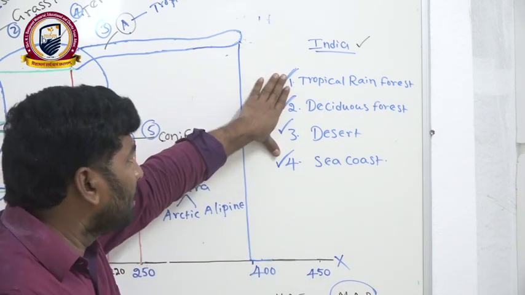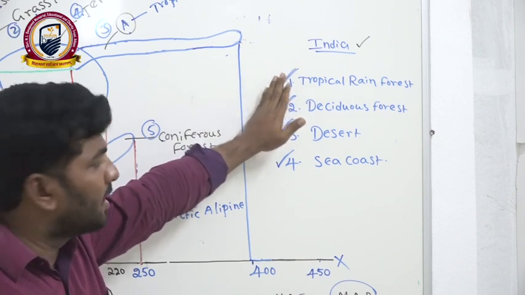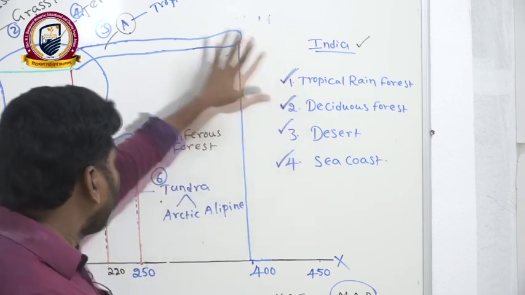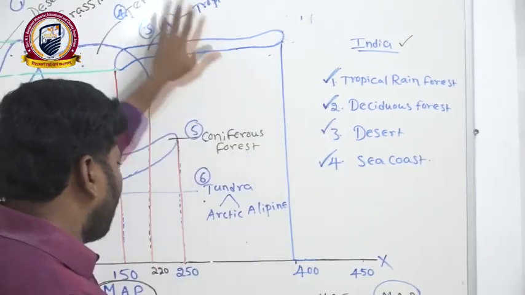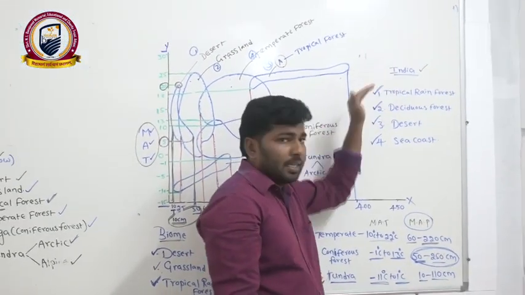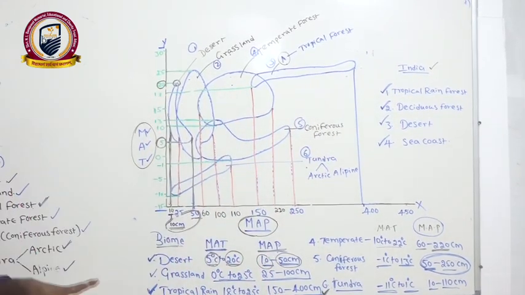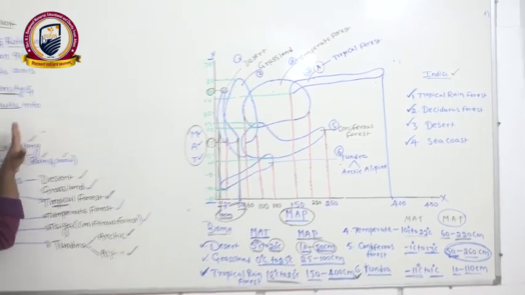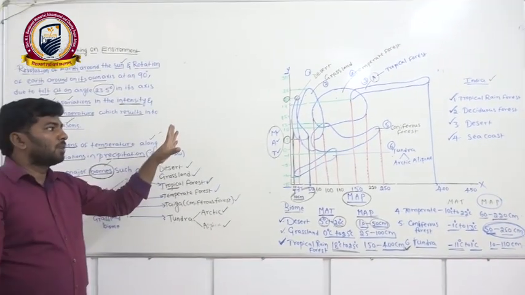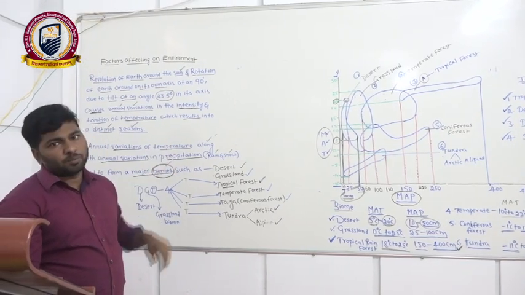These 4 are the major biomes mentioned in our India. These 6 belong to the worldwide, and these 4 are specially present in India. Clear? Are you getting an idea about these biomes? This concept is completely about the biomes. I hope that you are getting clarity about these biomes.